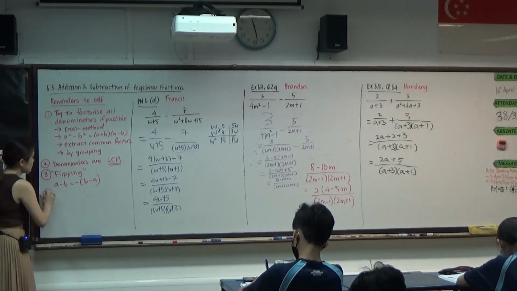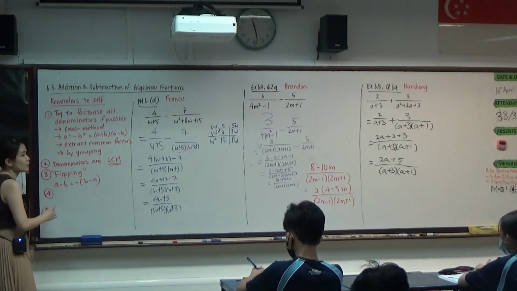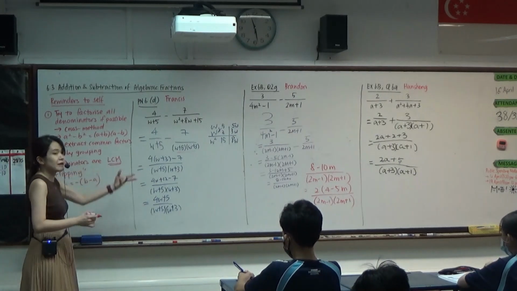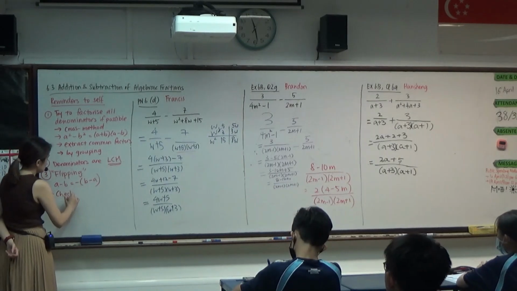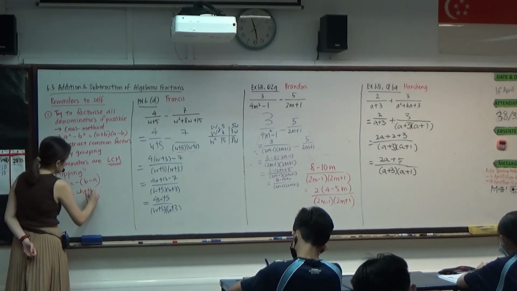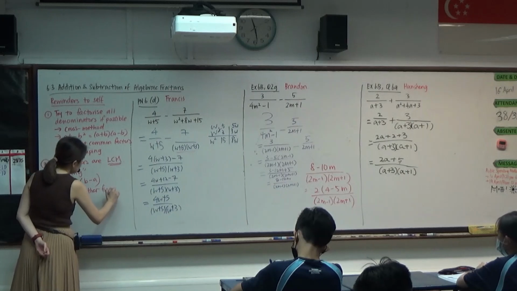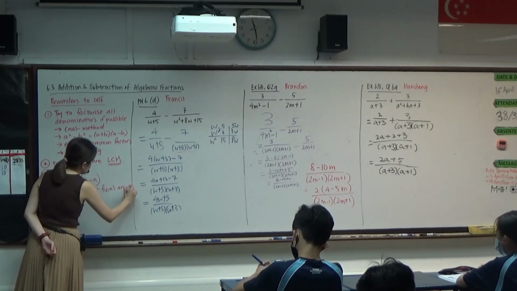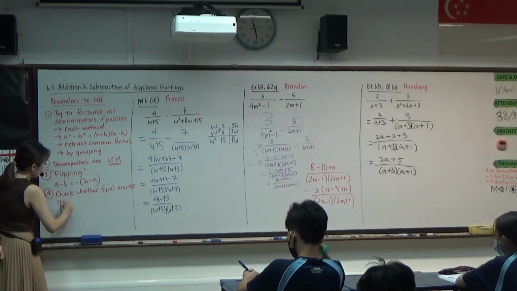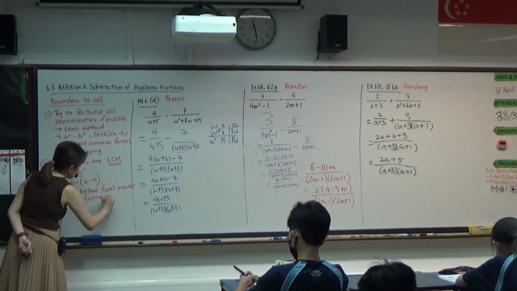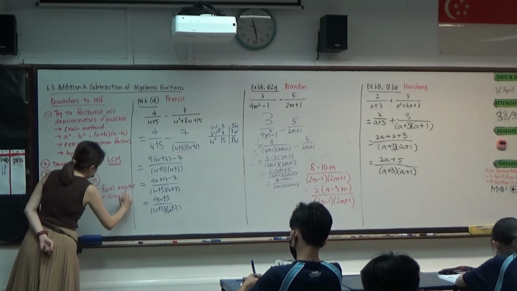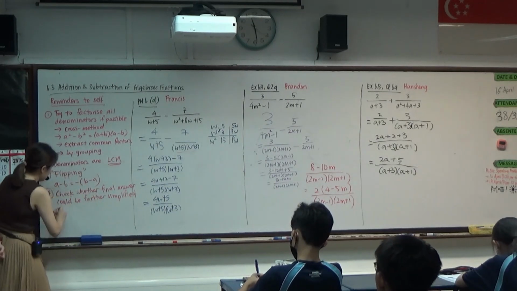Yes. So if you recall just now, when we saw one of the questions, if I had further factorized, I can still simplify the fraction. Check whether the final answer can be further factorized or further simplified by factorizing.